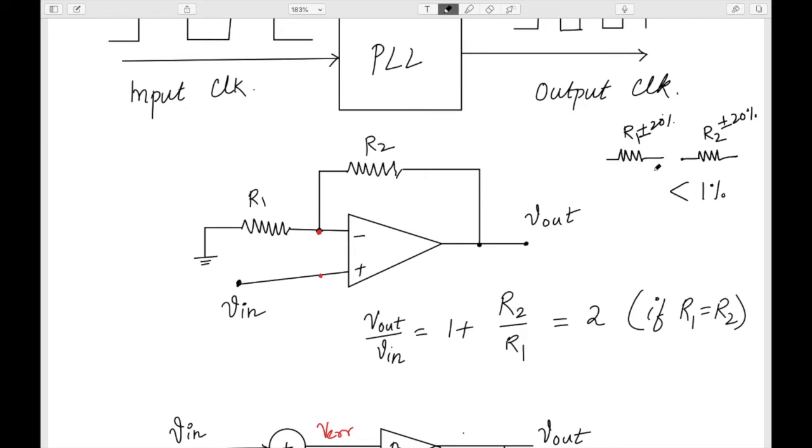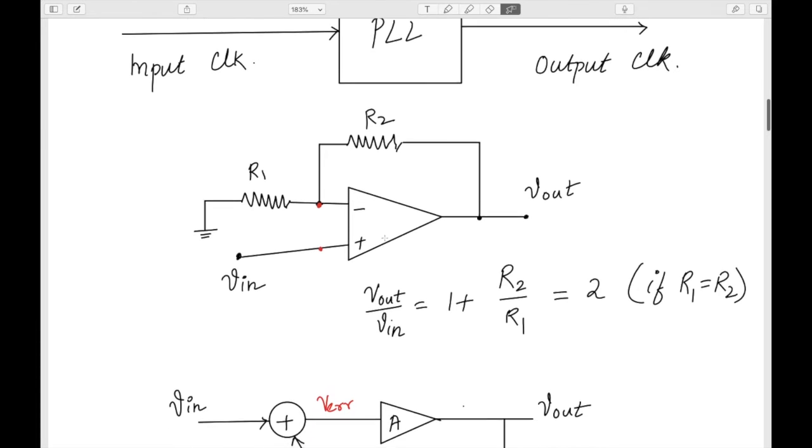That's why we go for feedback circuits, because here we are more focused on the ratio. If one goes above by 20%, the other also goes by 20%.